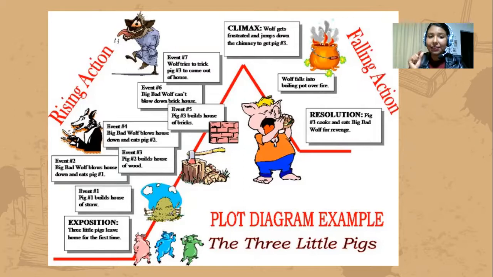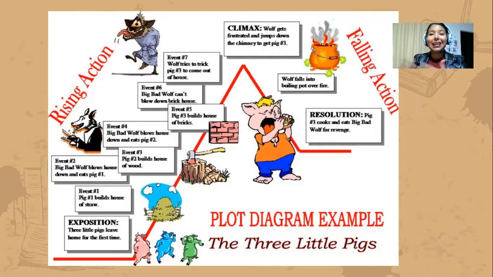Okay, and the last event that summarizes the rising action is that the wolf tries to trick the pig to come out of the house. Okay, what is the climax in this story? As you can see, guys, the wolf gets frustrated and jumps down the chimney to get the pig.